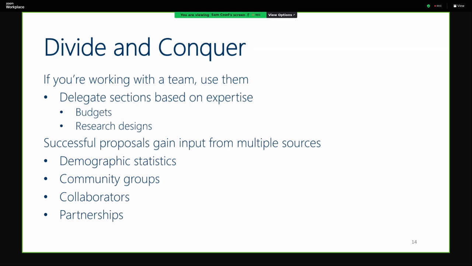And then successful proposals can gain input from multiple sources. So even if someone on your team is not an expert in a subject, or if you're looking for demographic statistics or information that you don't have access to, but your larger institution could, you can reach out to different departments and request that information.